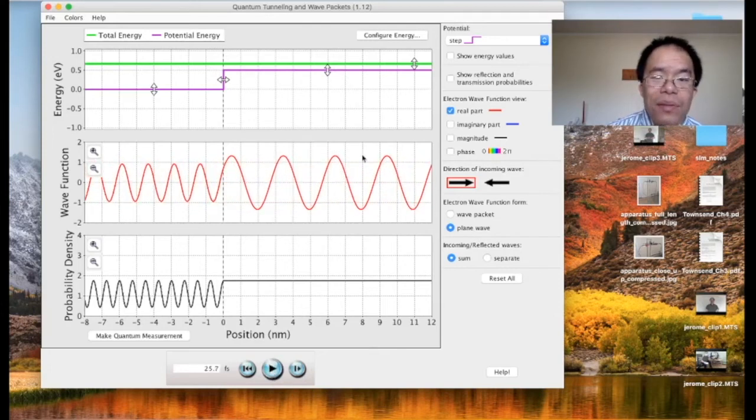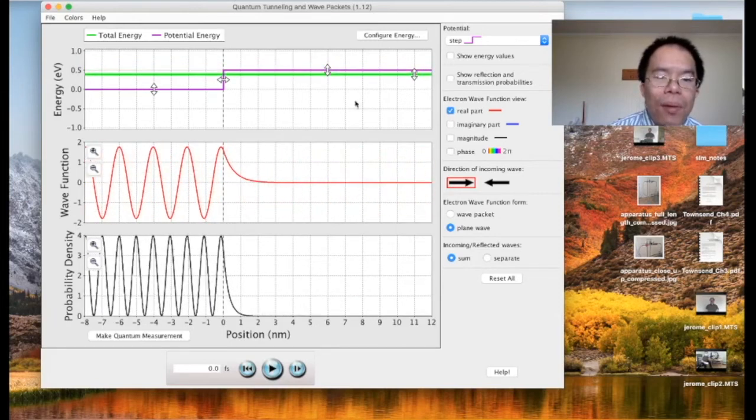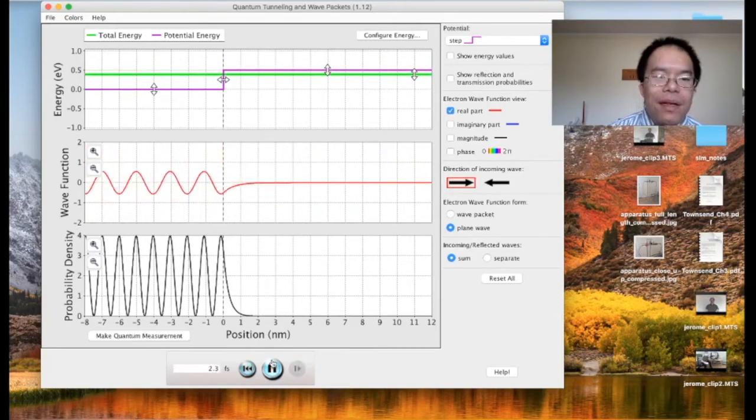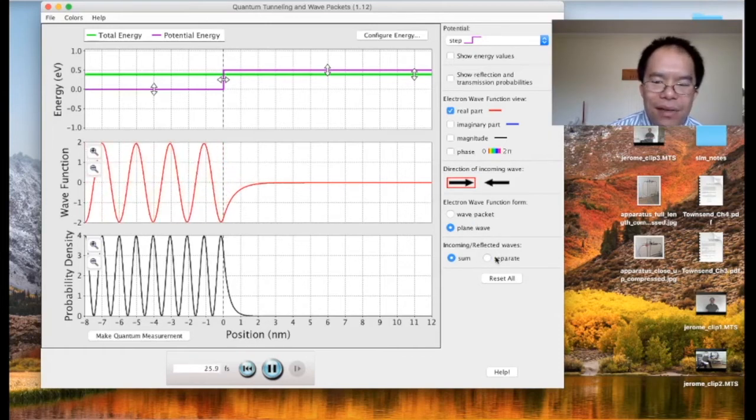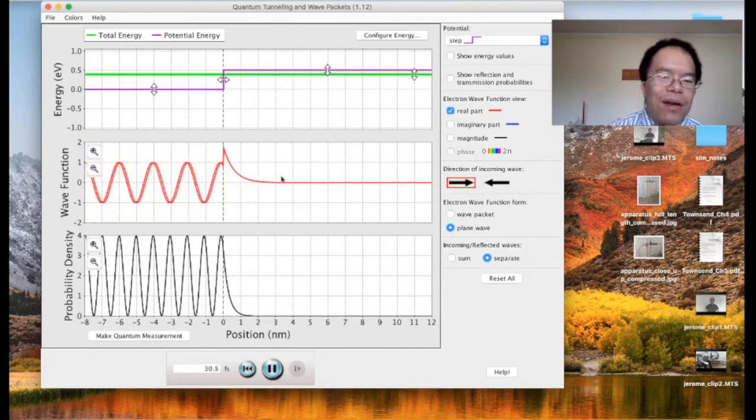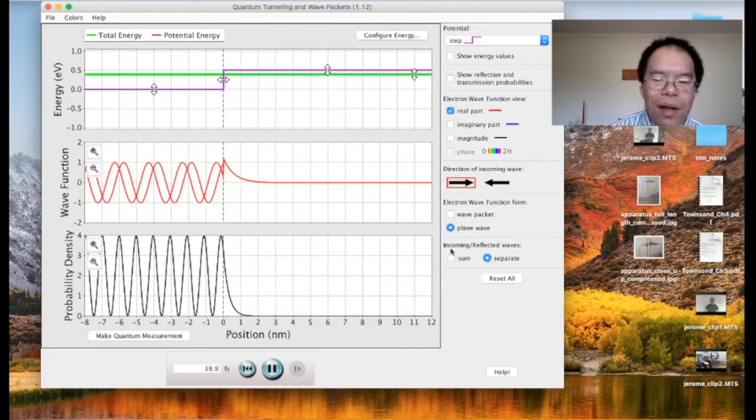Another thing we might observe is what happens if I drag this below my total energy. So now my total energy is less than V naught. Again, we see this oscillation over here, and again, we can think of this as some incident wave and some reflected wave.